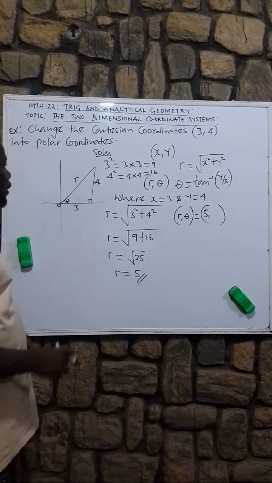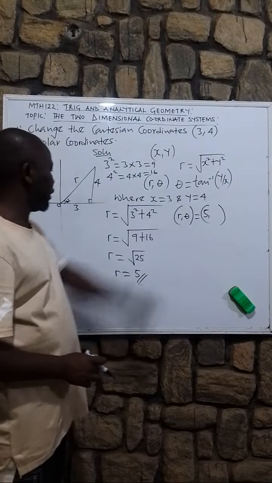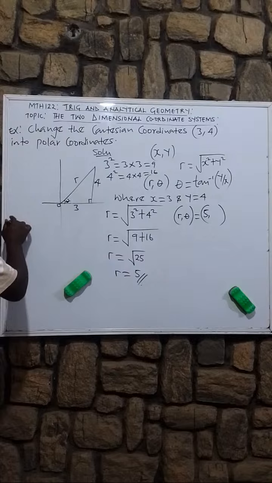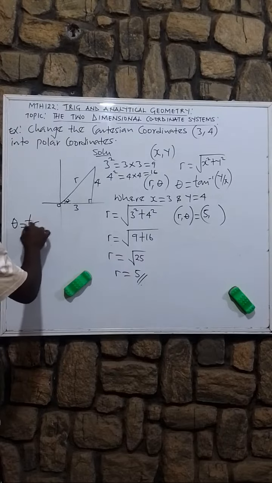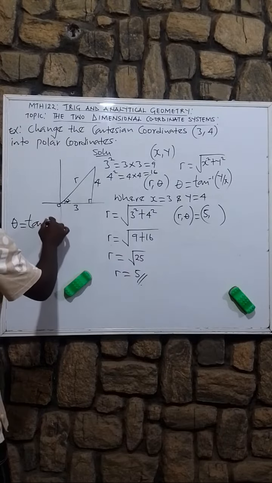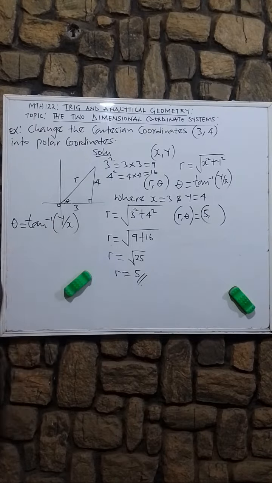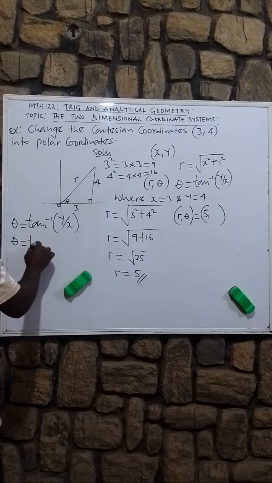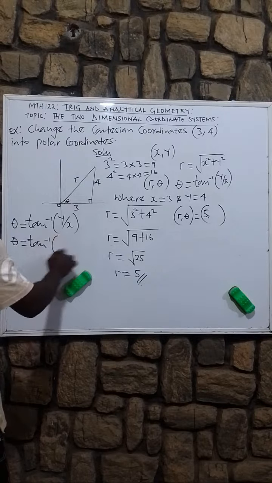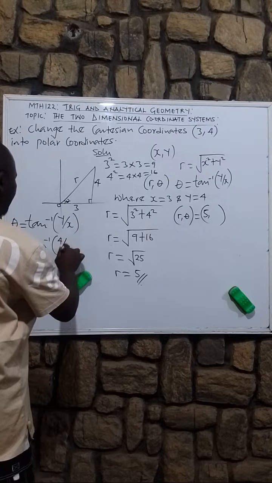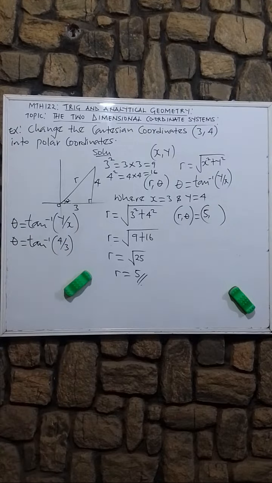For us to find theta, we make use of tan, where theta is given as tan inverse of y all over x. Where y is 4 all over x is 3. True or false?